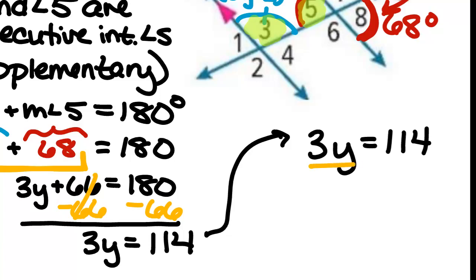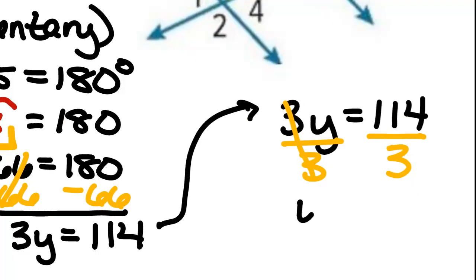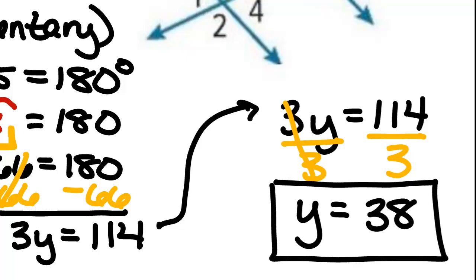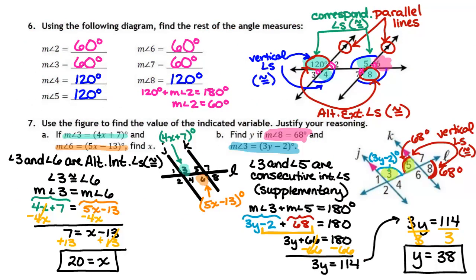And then I'm going to divide both sides by 3. And I get that y is how big? 38. Not degrees on this one because it's not an angle. We only put degrees on it when we're finding an angle. I'm glad you're looking for it though.